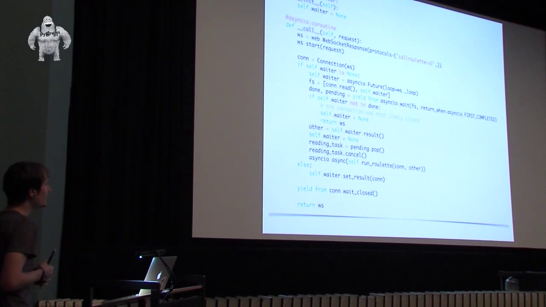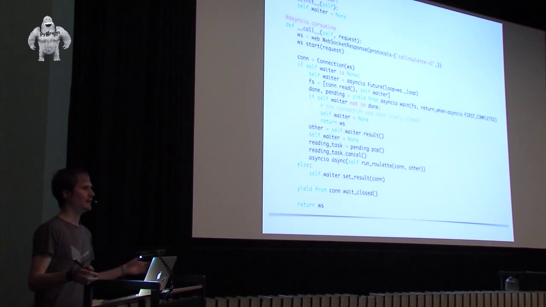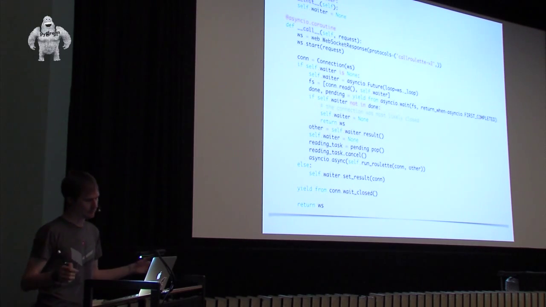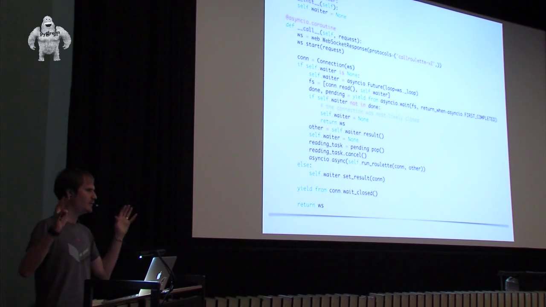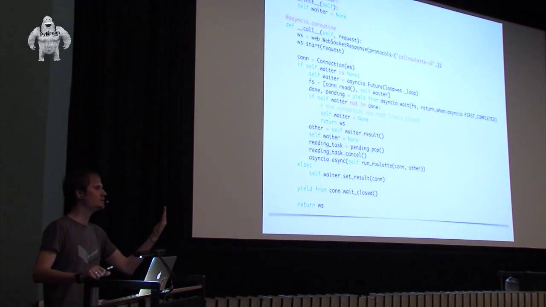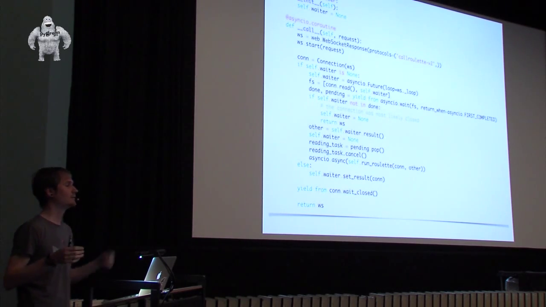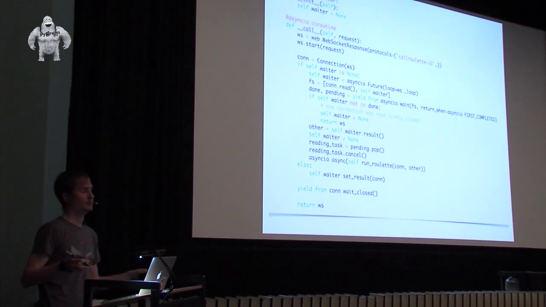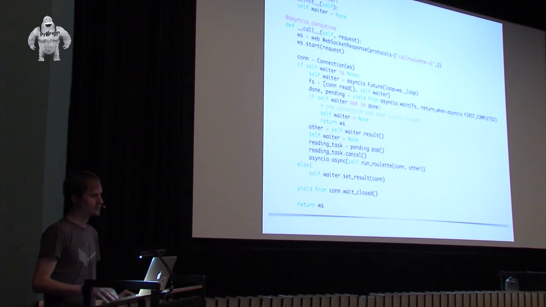If you're not very familiar with asyncio, there are many resources online. I made some presentations as well. But basically, keep in mind that when the first connection comes in, we wait for the second one. And if that connection that is waiting gets bored, we just bail out and free all the resources.